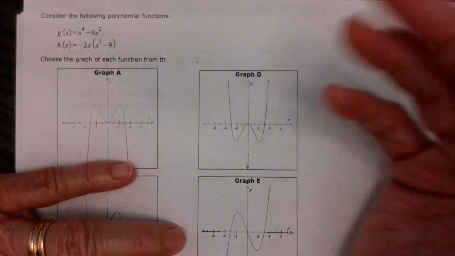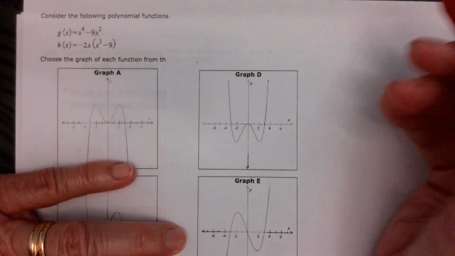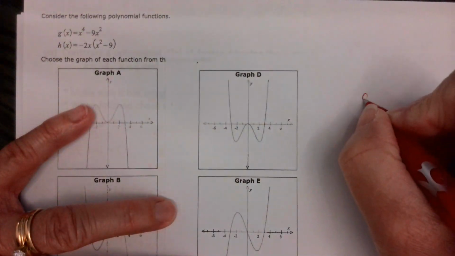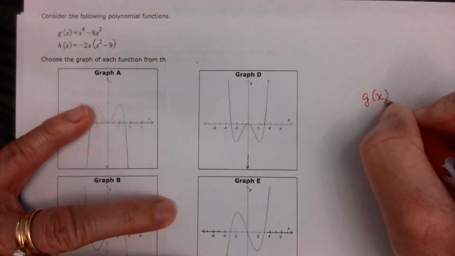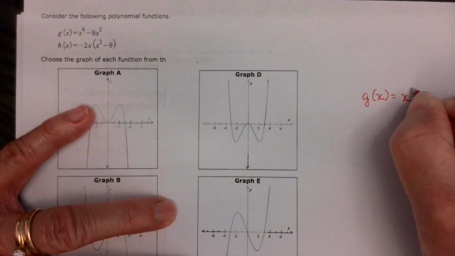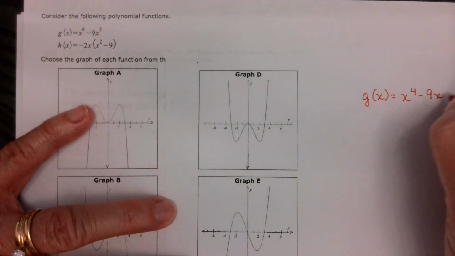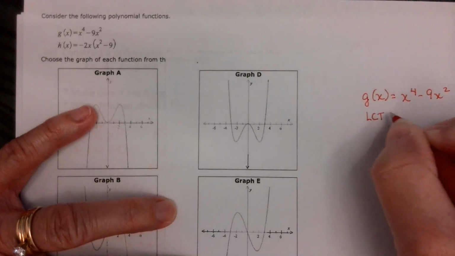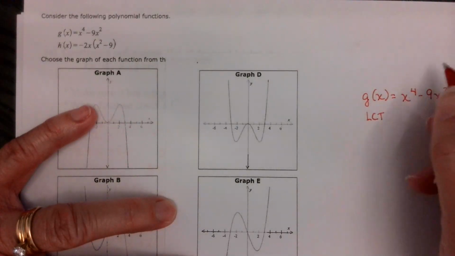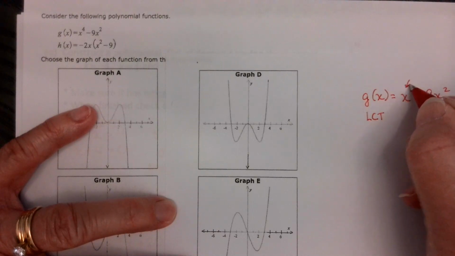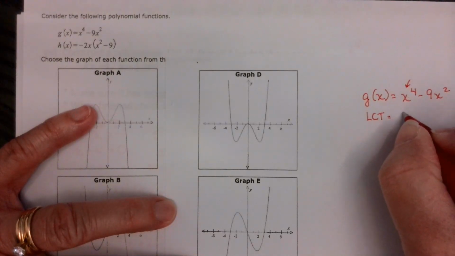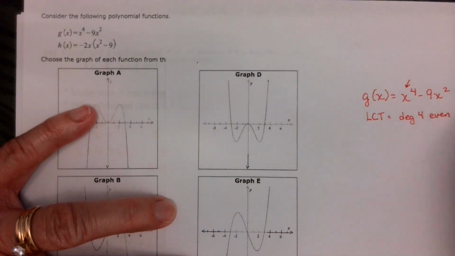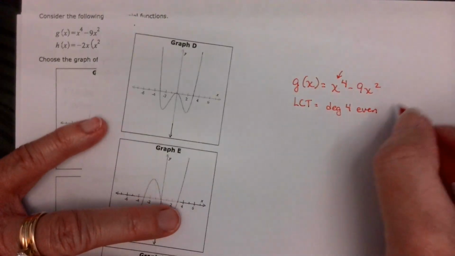the way I do this is I first start with the leading coefficient test. The leading coefficient test for g, let's talk about g of x over here. It's x to the fourth minus 9x squared. So for the leading coefficient test, you're going to deal with this one right here. It has a degree of 4. It's even, which tells you that they go the same direction.